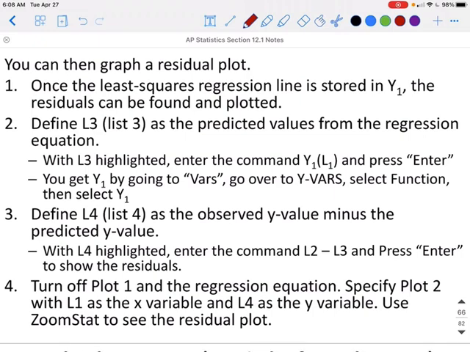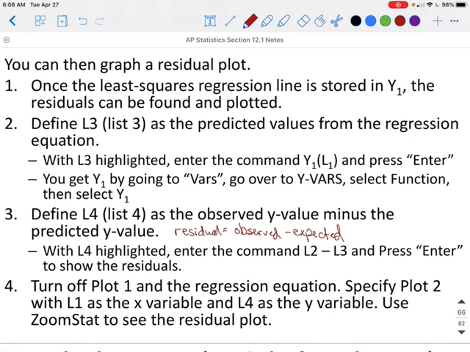Now, if you remember, your residual is the observed minus expected. So residual equals observed minus expected. On your calculator, if you go over and highlight list 4, now we can do list 2, which was our observed values, minus list 3, which is your expected values.